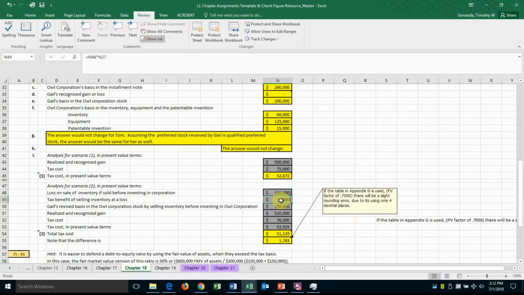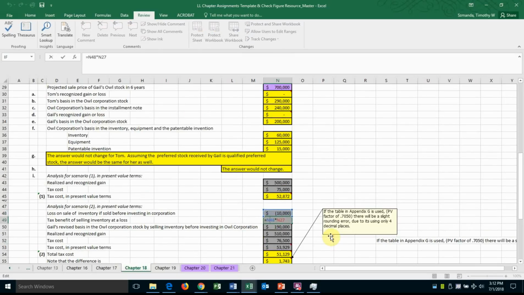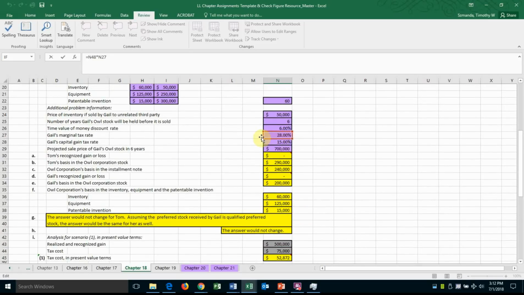Now line 48 gives us the tax benefit that she gets if she sells the inventory early, as opposed to just contributing inventory without selling it. The tax benefit she'd get today by selling the inventory before contributing the proceeds would be the loss on the sale of inventory, $10,000, times her marginal tax rate, because this is an ordinary loss.